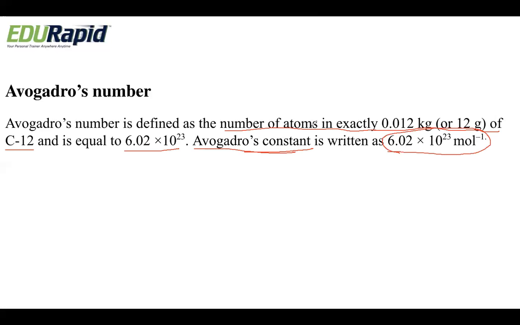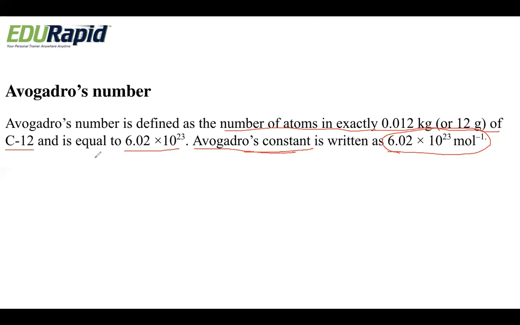Avogadro is a scientist. He gave his constant saying that the number of atoms present in a standard atom, the carbon-12 isotope. Why did he take the carbon-12 isotope? Because carbon is one of the most abundant elements in nature. Carbon exists everywhere.